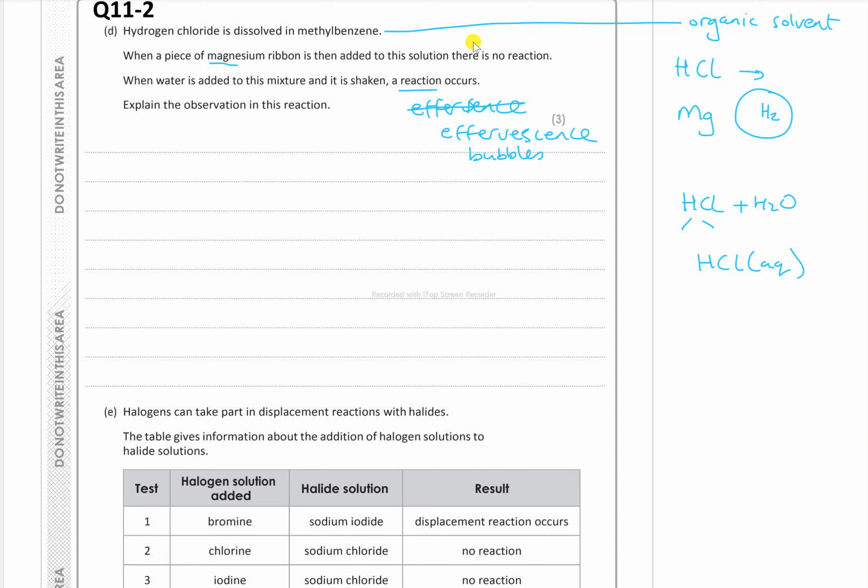We'll explain the observation. So we can say we will see effervescence or bubbling since hydrogen gas is formed when magnesium reacts with hydrochloric acid.